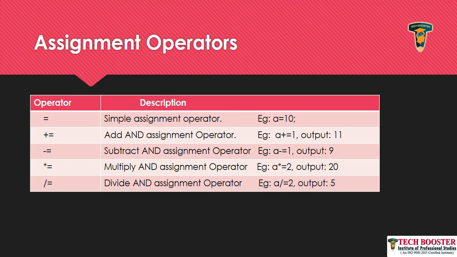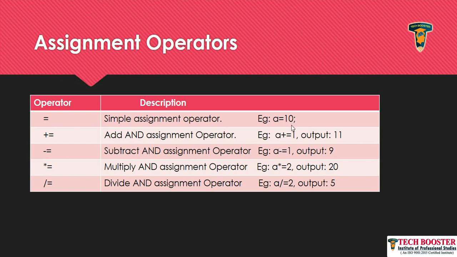So how are these operators working? You can go through this example here. When we write a plus equal to 1, this is nothing but a equals a plus 1. Here we are adding the operand on the left hand side with the operand on the right hand side.